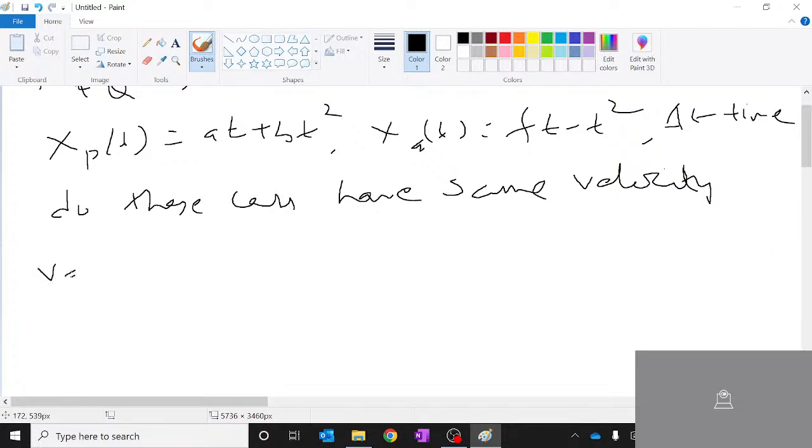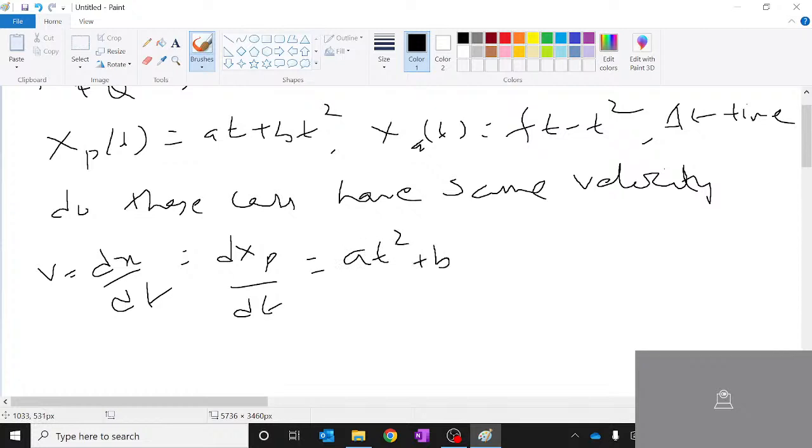V is nothing but dx by dt, correct? So in this it changes to xp. Let me write it once again for you: dxp by dt, which is nothing but d of (at plus bt square) by dt.